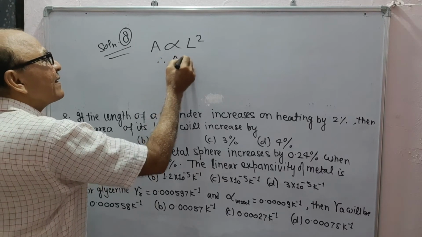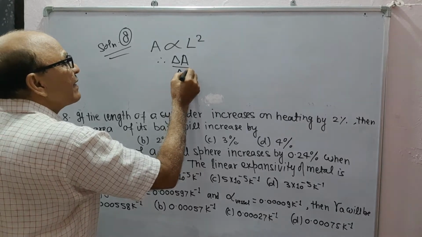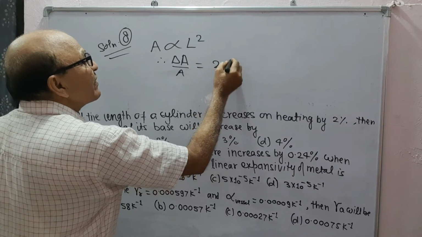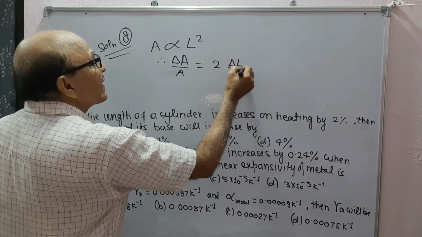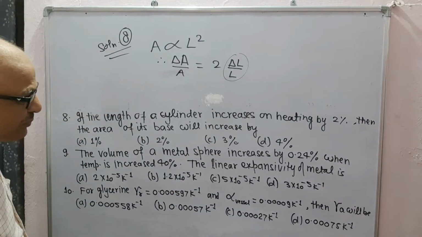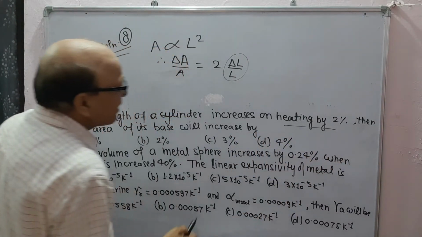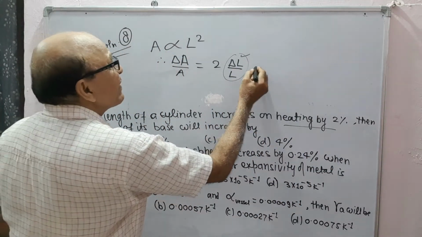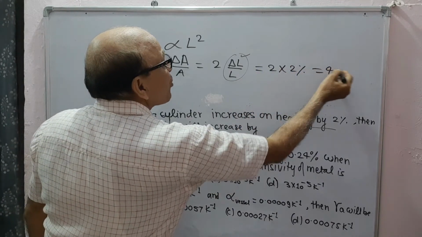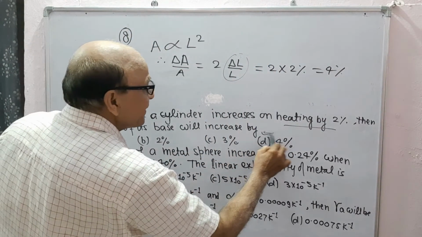Therefore, delta A upon A will be equal to 2 delta L upon L, and this is given to be 2%. Length is increasing by 2%. Therefore, 2 into 2% means 4%. The option will be D.